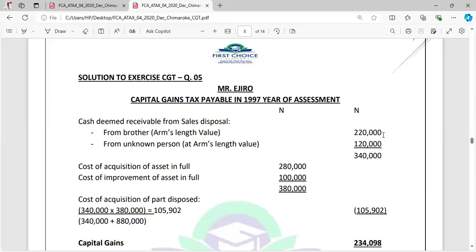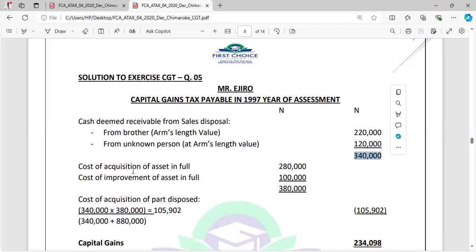That's not our business. 220 is what we are taking. Then from the unknown person, 120. When we add these two together, we get our 340. That's the cash deemed to be received from disposal.